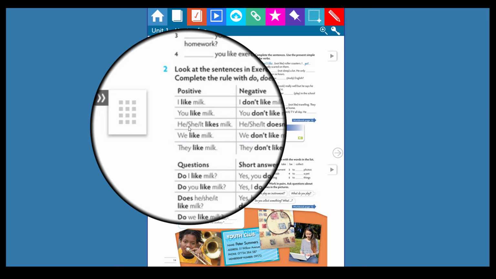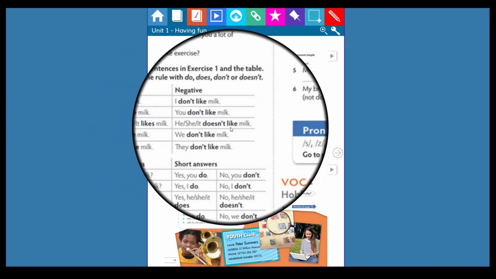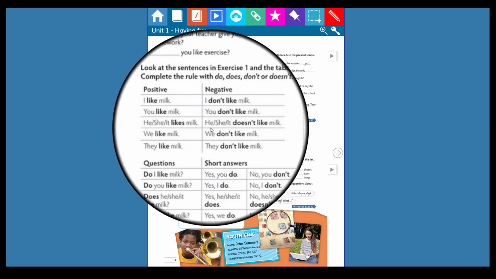Remember the S. Likes milk. And the negative form is, he, she, it doesn't like milk. So this time, the auxiliary is doesn't, not don't, because the pronouns are he, she, and it.